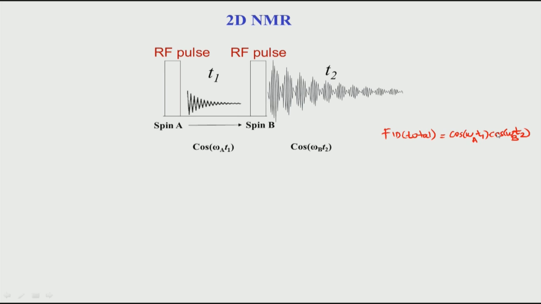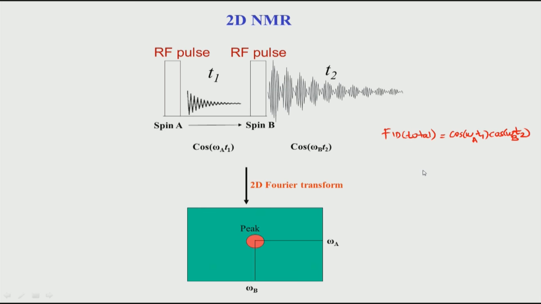We use the word modulation. Modulation means modifying or changing. So, the second FID, the FID which is detected during T2, is now being modulated by the FID during T1. You see, here is where the interlocking, the interconnection, comes. Now, these two have got interconnected to each other.